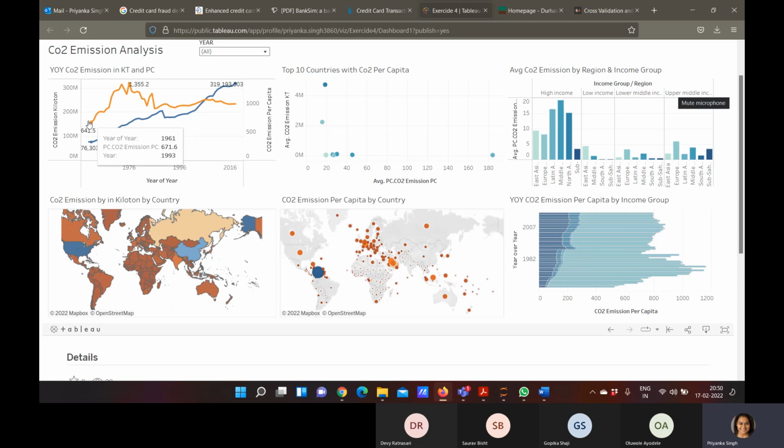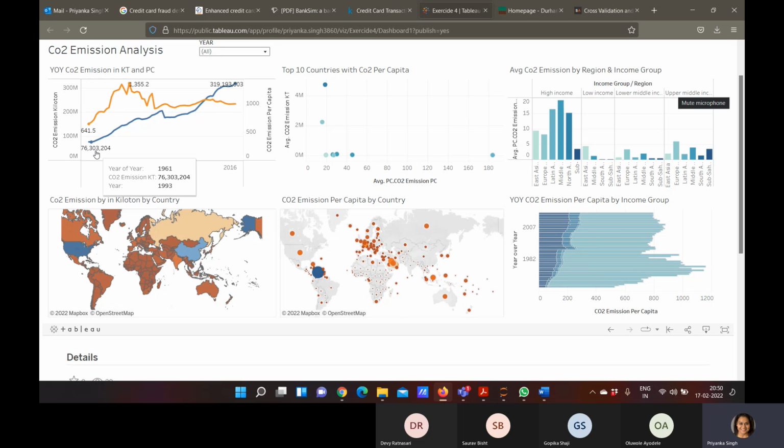We can clearly see that the emission went from 641 points to 1355 points in 1976, and then it declined and looks pretty stable in 2016.